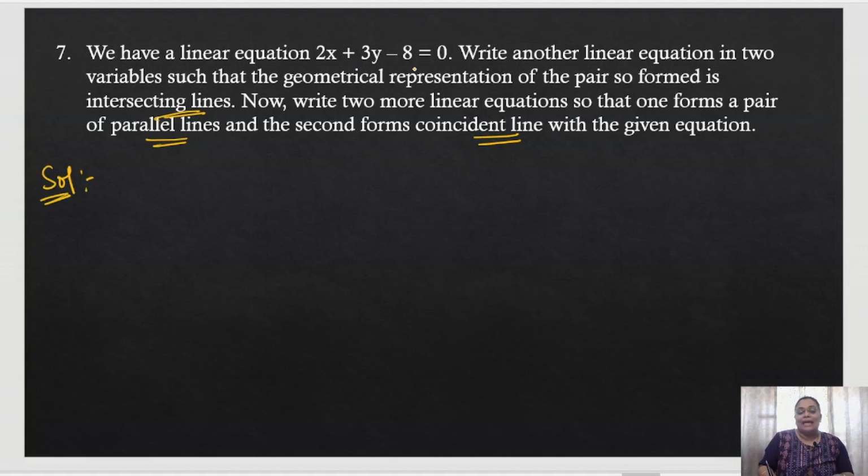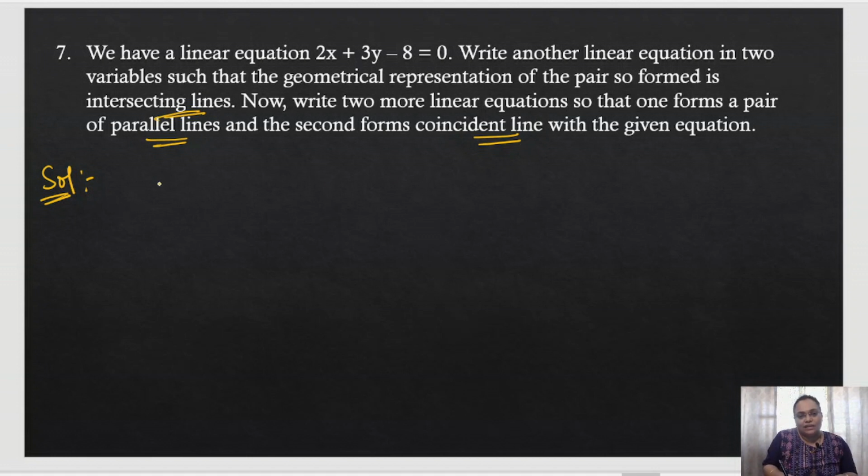Okay. With the help of the given linear equation, we need to form three linear equations. One for the intersecting lines, one for the parallel lines and one for the coincident lines. Okay. So let us solve the question.